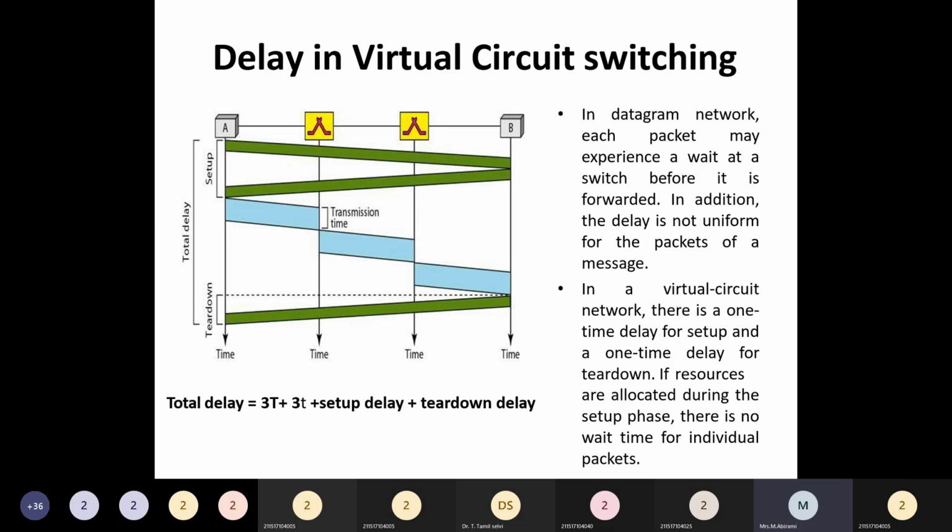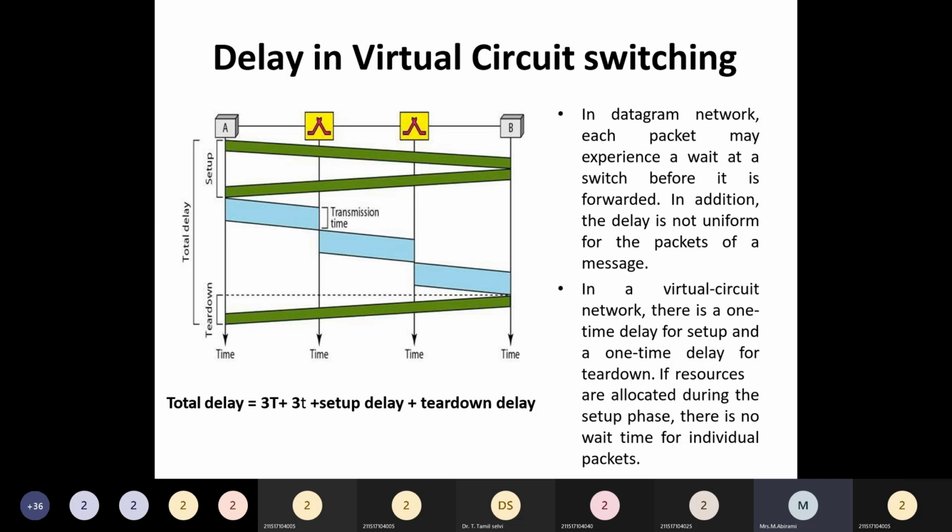Okay, so the messages are divided into frames, and when the frames are all in use, other resources cannot be allocated to some other connection. So in a datagram network, each packet may experience a wait before it is forwarded.